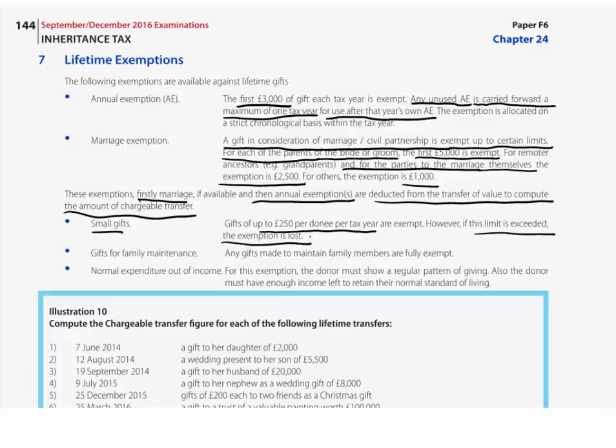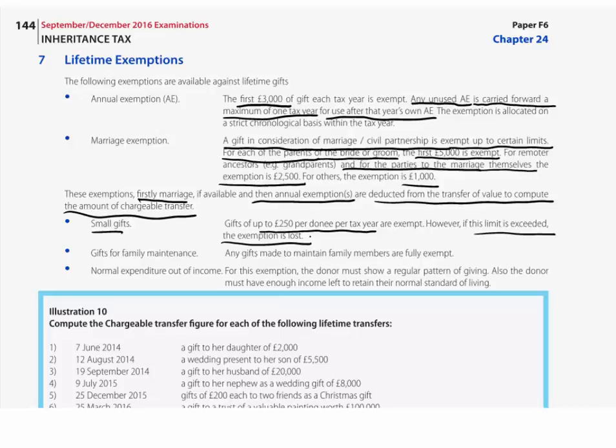So if, for example, in December 2015, a taxpayer makes a gift of £200 to their niece or nephew. £200. To begin with, £200 does not exceed £250, so we're thinking that the small gift exemption will apply.